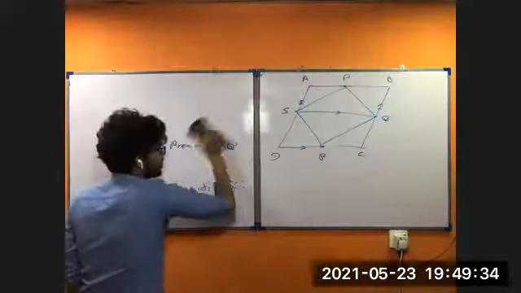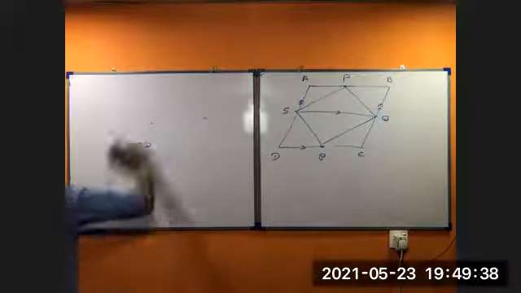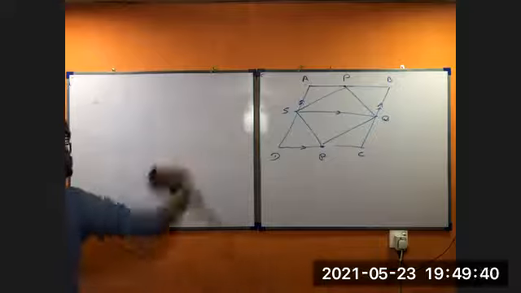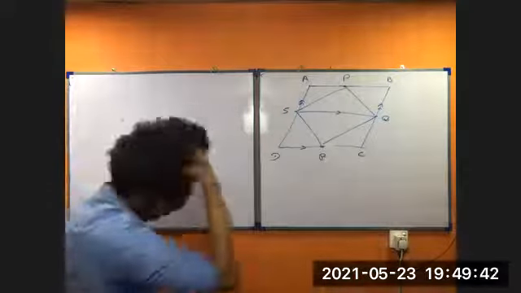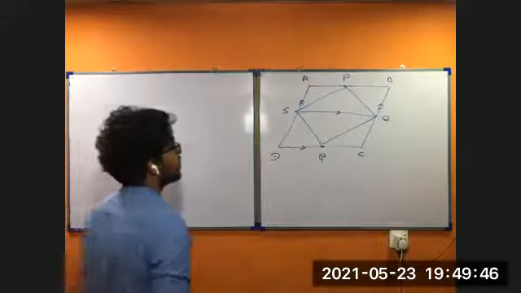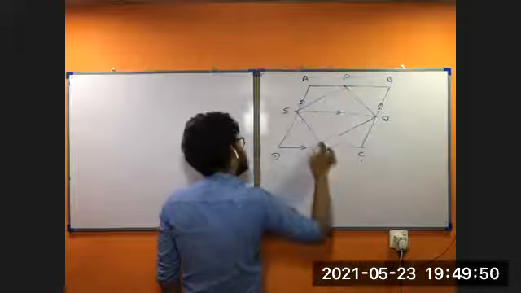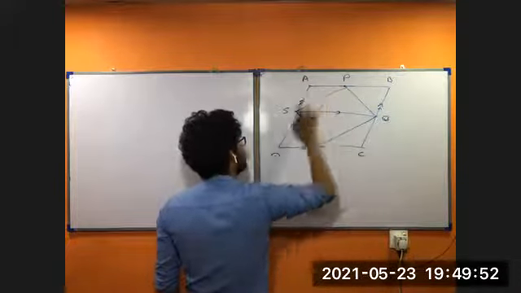This is simple, I think. You have to show that the area of this full thing is half the area of this full thing.